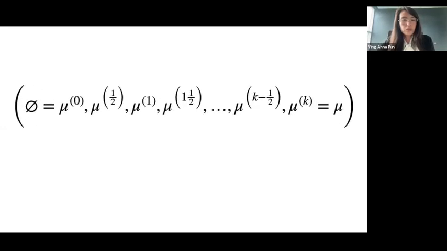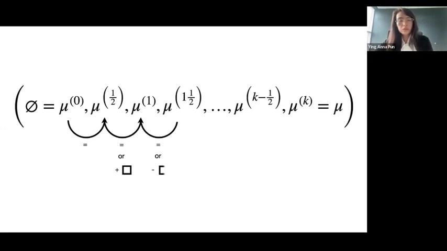The only difference is that every time you go from one shape to the other, the first step has to be equal, so these two shapes have to be equal, but afterwards it's either equal or plus a box. So we say stay the same or add a box, stay the same or minus a box, and so on and so forth. And the last one is either stay the same or add a box.